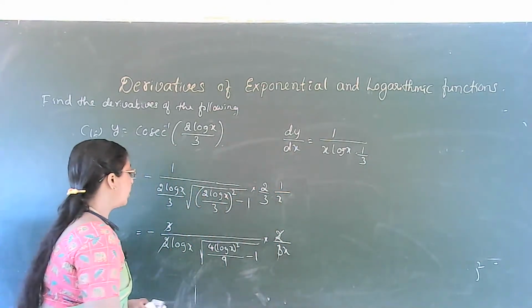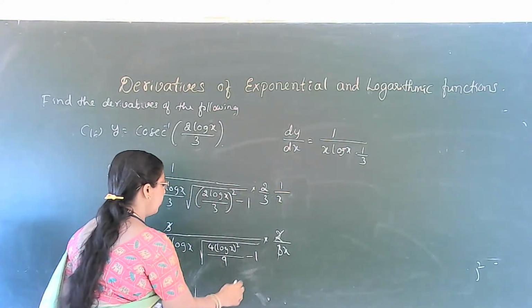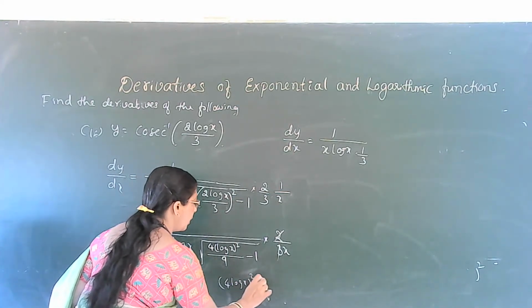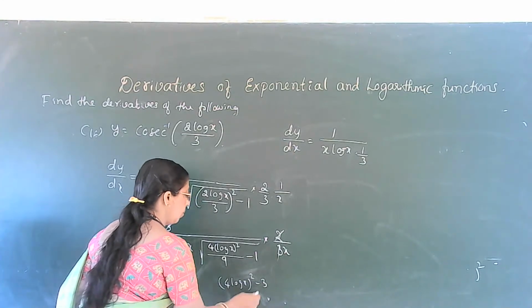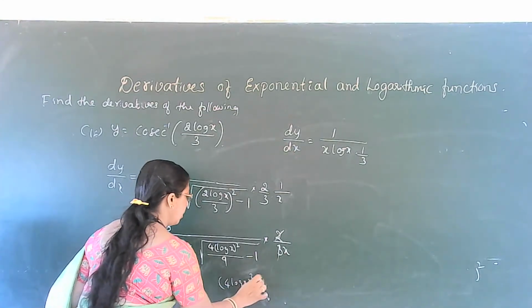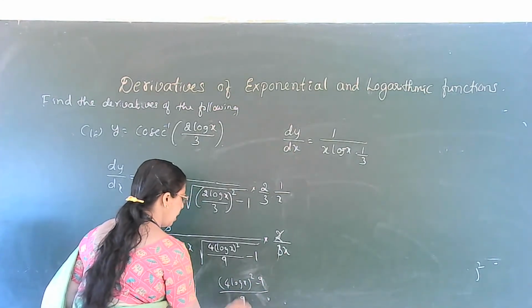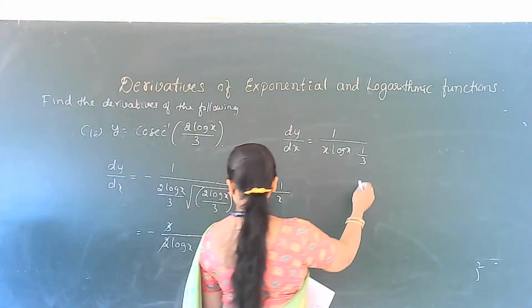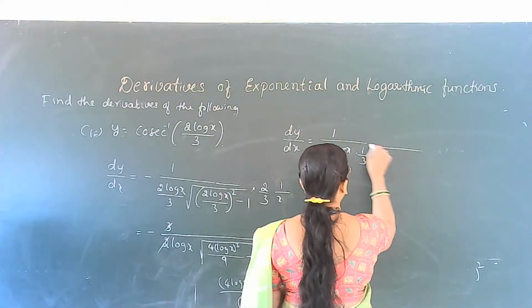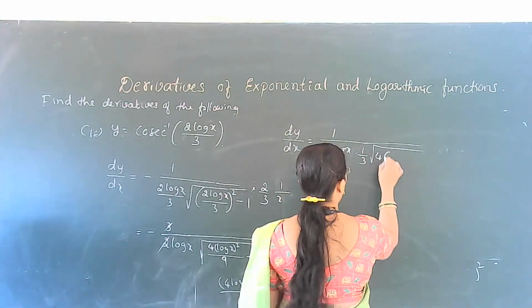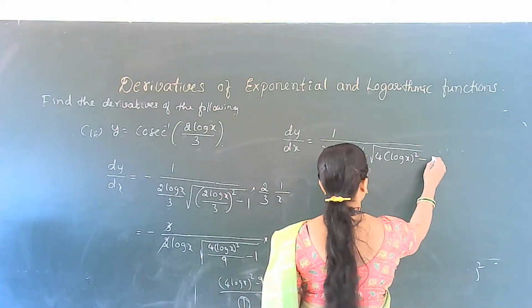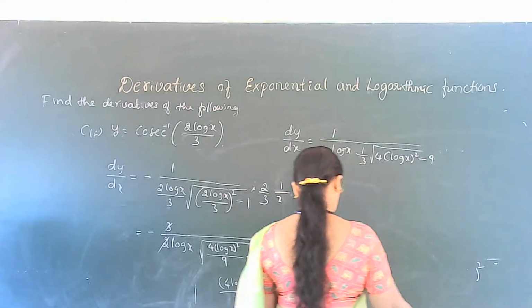Inside the square root we have (4 (log x) whole square minus 9) divided by 9. Taking the square root of this gives 3 into the square root of 4 (log x) whole square minus 9.